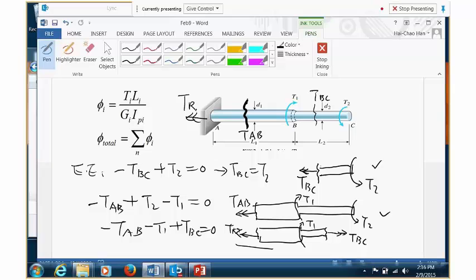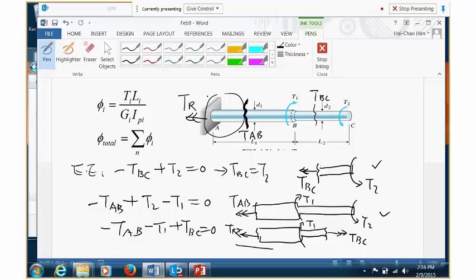Yes. You can write the equation of equilibrium for the whole thing, right? Or you can just write the equation of equilibrium for this part. So you can find it, because we already know TAB now. Right? So this is a determinate problem. And that's why it's easier to start with.